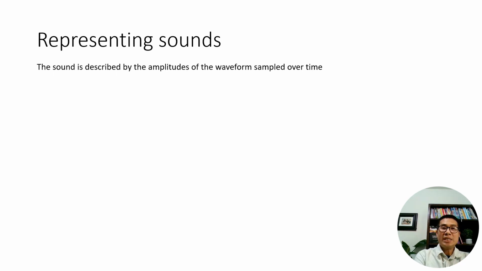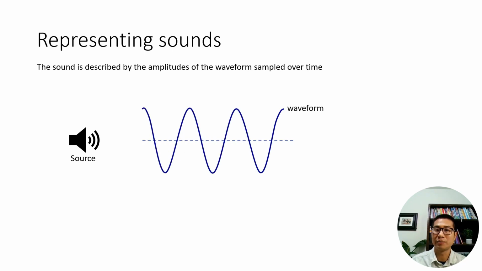Now, the next one is representing sound. Because we work with computers, besides images, videos, and text, we work with sound as well. So sound is actually described by the amplitudes or waveform samples over time. When you see sound, you'll actually see a waveform like this.